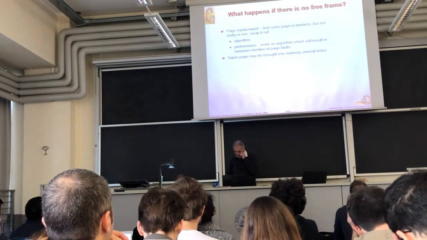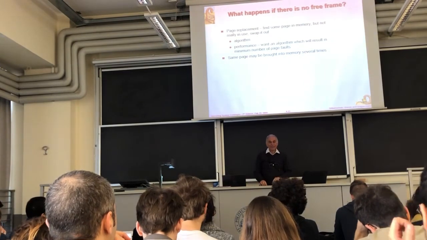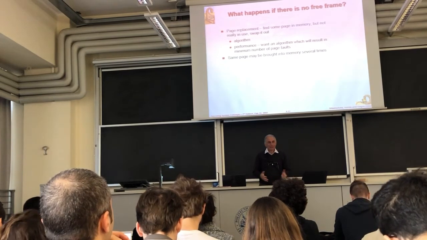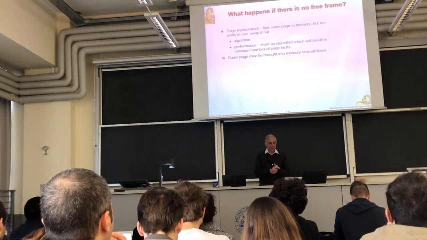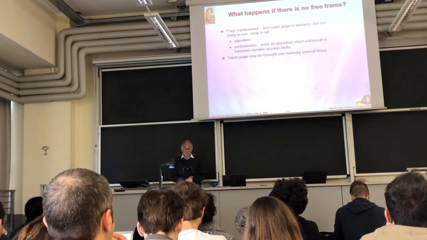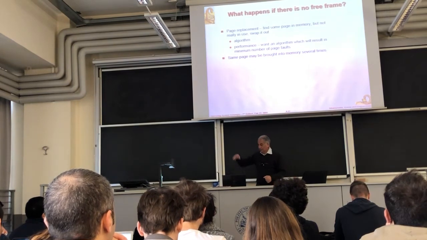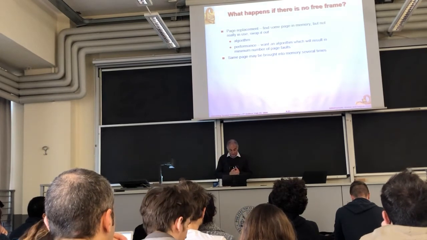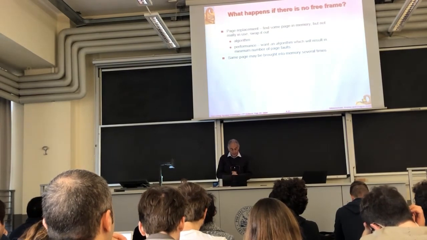So, of course, this must be solved by selecting a frame that contains a page that becomes a victim page, because it has to be put on disk to leave a place for the faulty page. Okay, so the frames of memory are all filled with pages, and we have to find a frame according to a strategy.